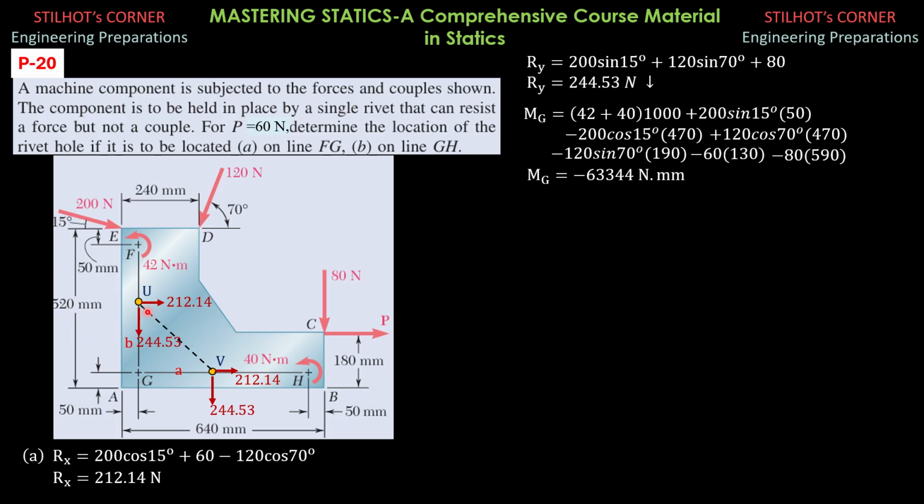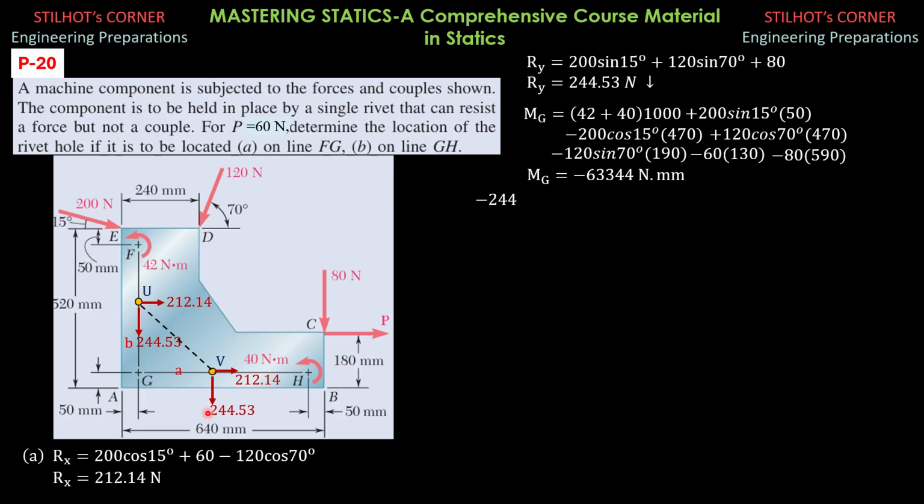So meaning to say the moment of the resultant about G is clockwise. So using the components by Varignon's theorem from the figure, the moment of the resultant, which is downward here, the horizontal passes through G. So negative 244.53 times A because it's clockwise, and it is also equal to negative 212.14 times B, and the moment is equated to this value.